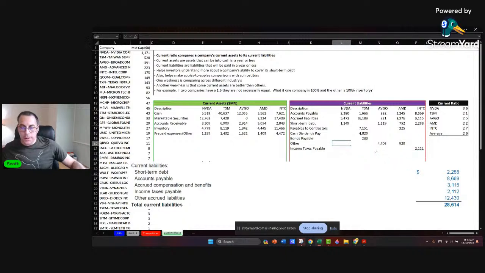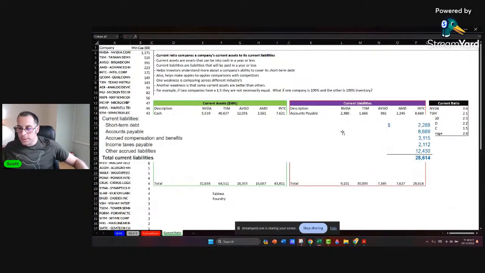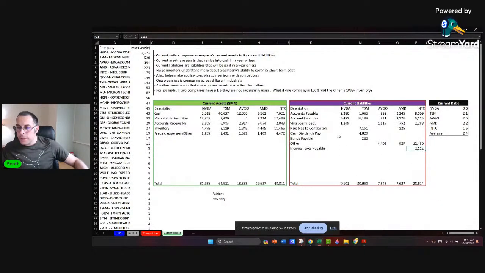And then other accrued liabilities, 12,430. So Intel has the worst current ratio.